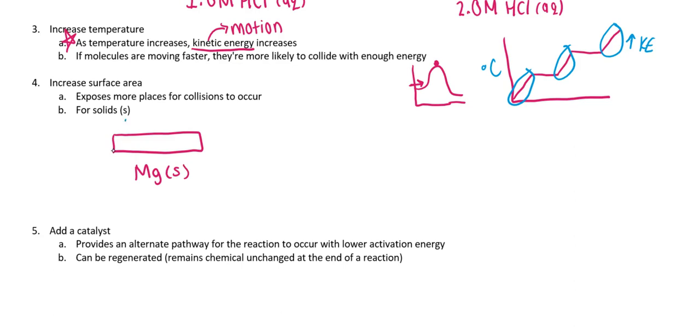Well, in order for the magnesium to react, there needs to be collisions. Well, only those magnesium atoms that are on the surface are available for collisions. All of these magnesium atoms in the middle are insulated. They're not able to react because they're not exposed.